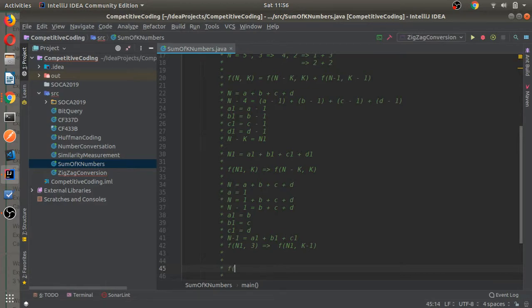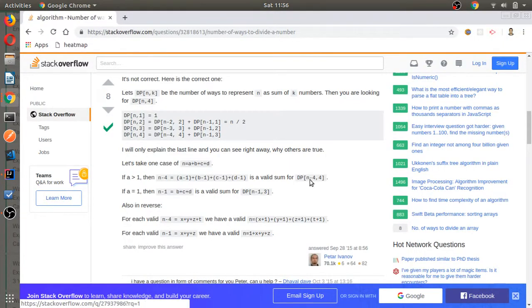So f of n comma k is equal to f of n minus 4 comma k plus f of n minus 1 comma k minus 1. So this is what they have said in their equation as well. And yeah, f of n and 1 is 1.